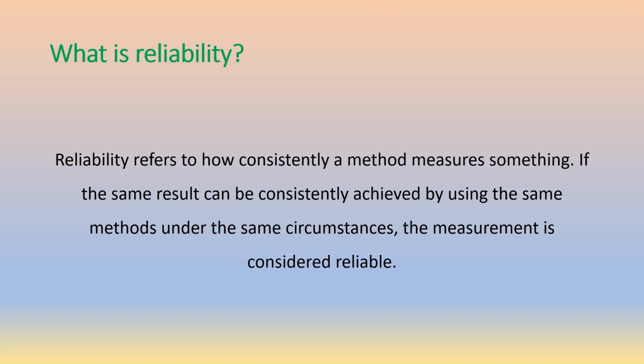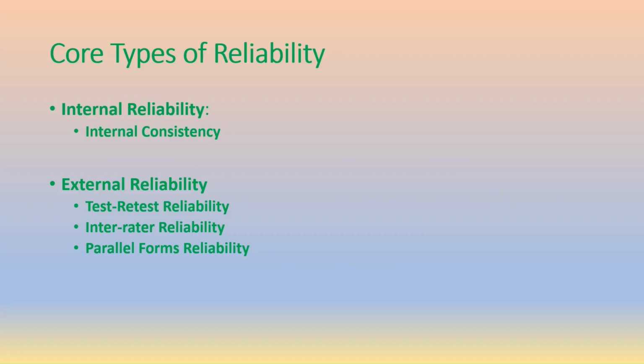Types of reliability. There are two core types of reliability, internal and external. Internal reliability: consistency within the instrument itself. External reliability: consistency of results from one use of the test to another. Internal reliability is internal consistency, the individual items of a test.